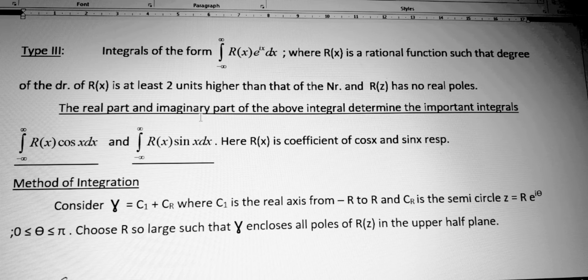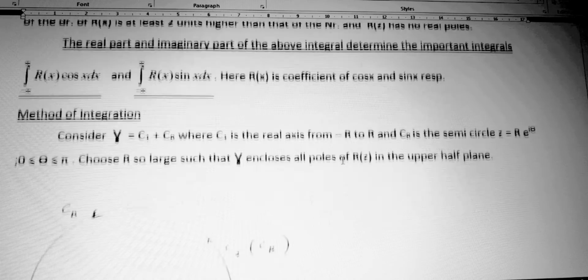Therefore, the real part and imaginary part of the above integral determine the important integrals: integral from minus infinity to infinity of R(x) cos x dx, which is the real part, and integral from minus infinity to infinity of R(x) sin x dx, which is the imaginary part. Here R(x) is the coefficient of cos x and sin x respectively.